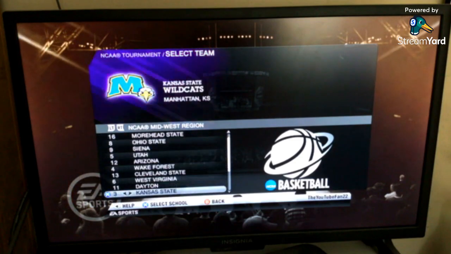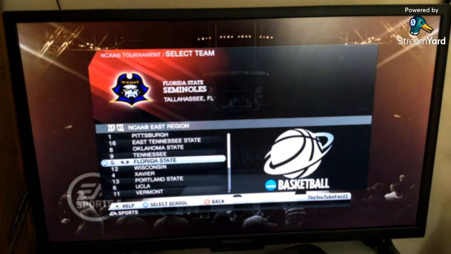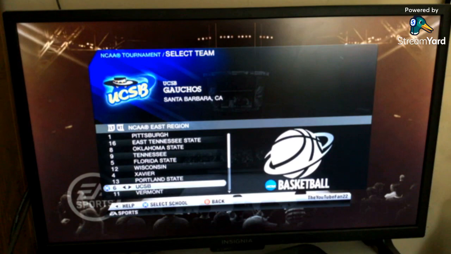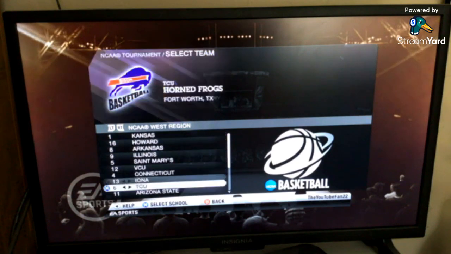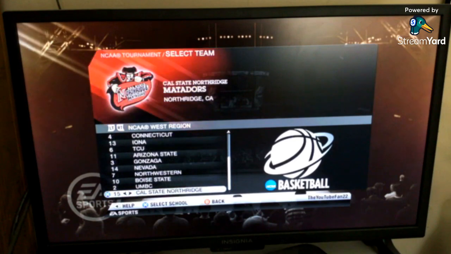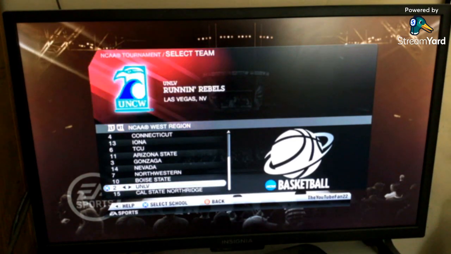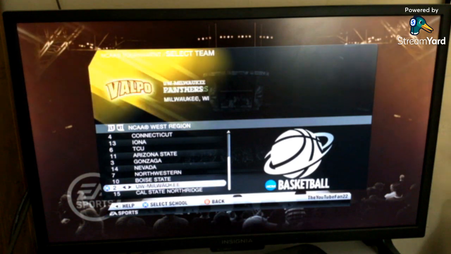It must be somewhere else in the tournament. Oh, there's UCLA. That's the wrong direction.